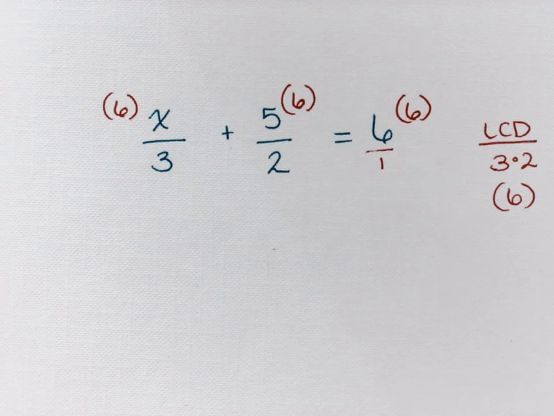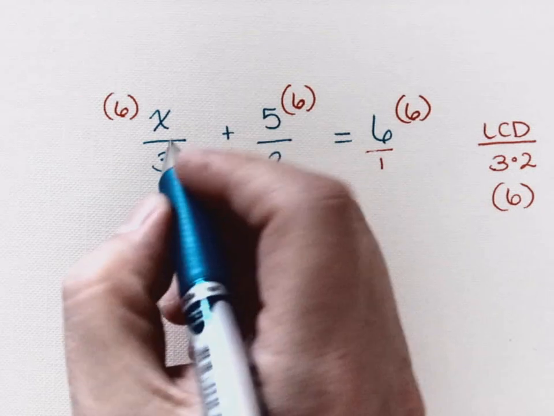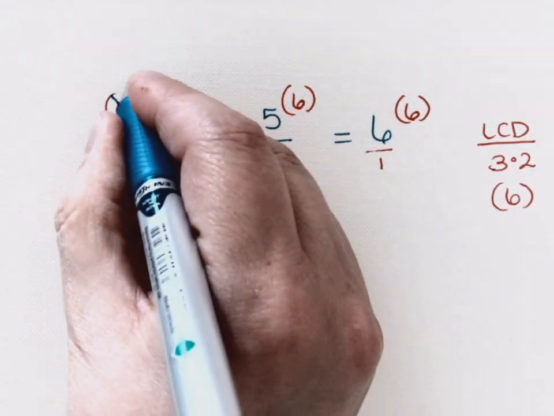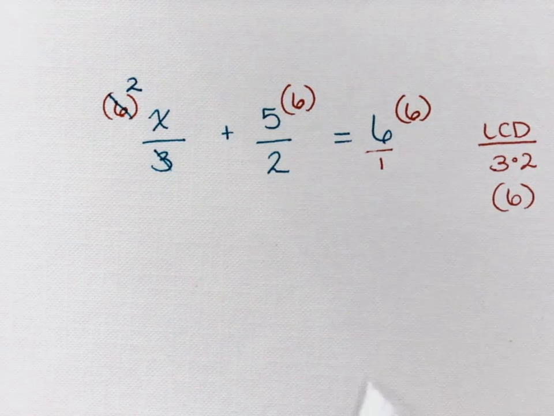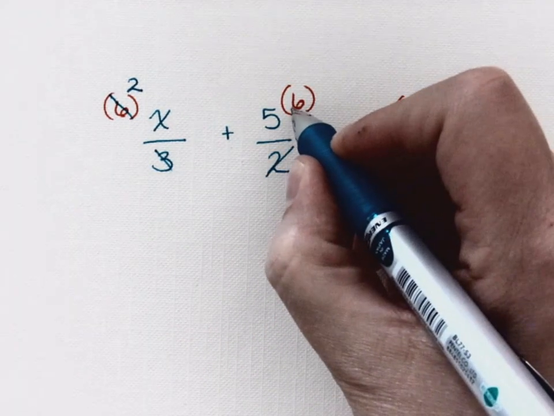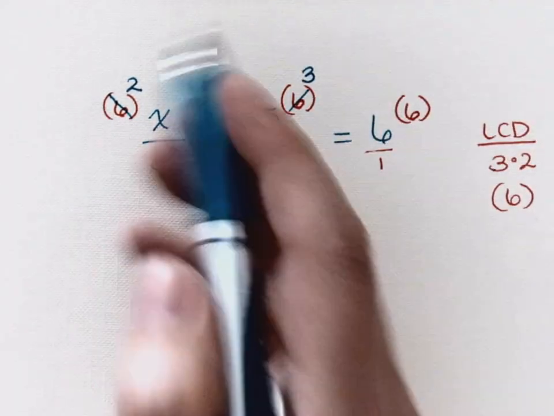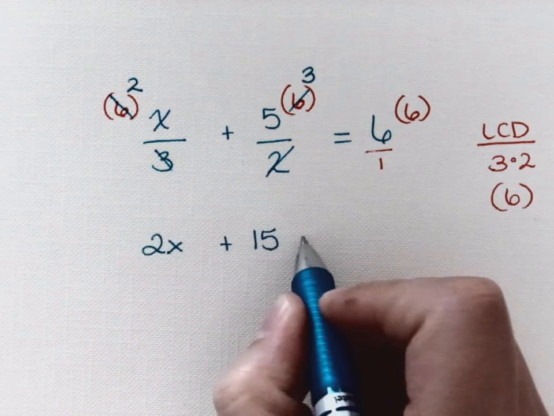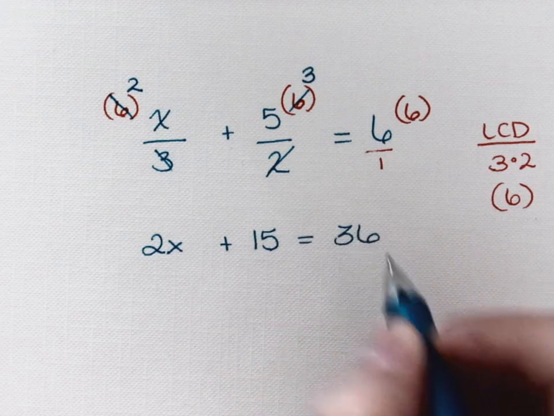Everybody good with that? Okay, then before I multiply things together, I'm going to go 3 goes into 6 how many times? 2. How many times does 2 go into 6? 3. So I'm going to have 2x plus 15 equals 36.